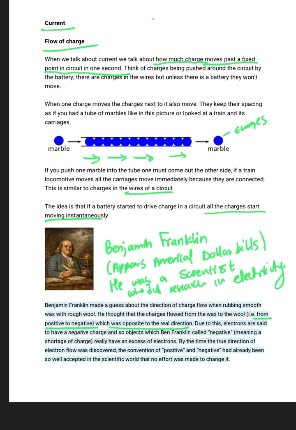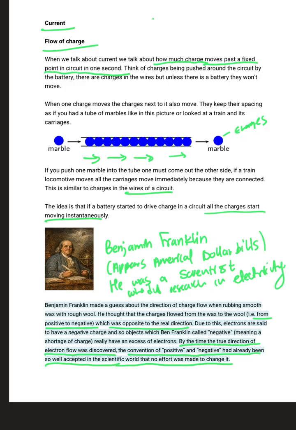By the time the true direction of electric flow was discovered, the convention of positive and negative had already been so well accepted in the scientific world that no effort was made to change it.